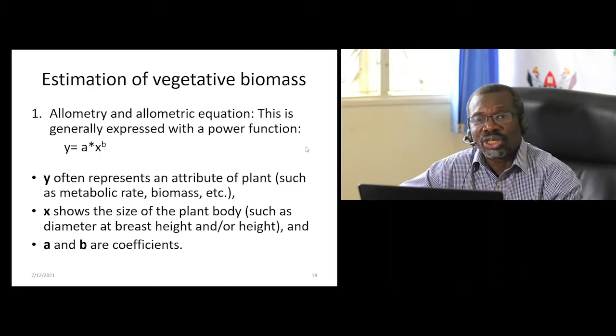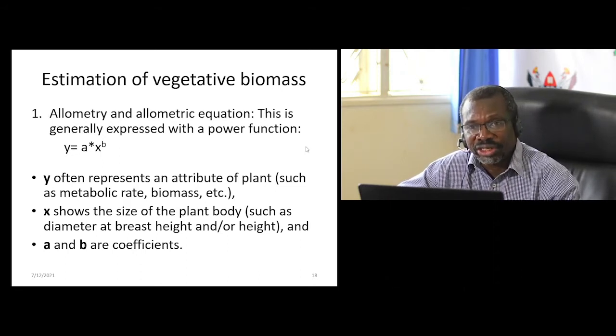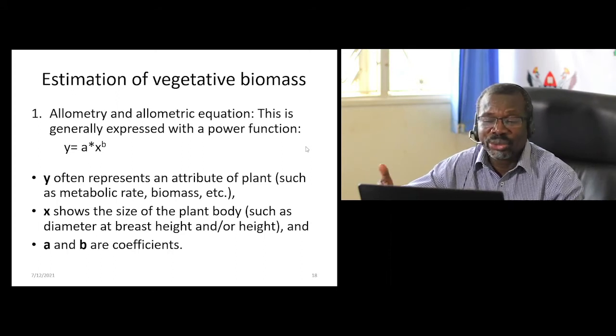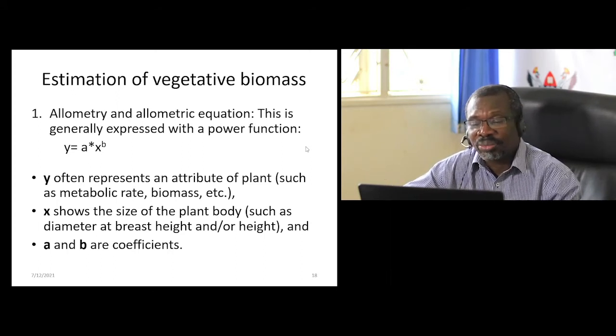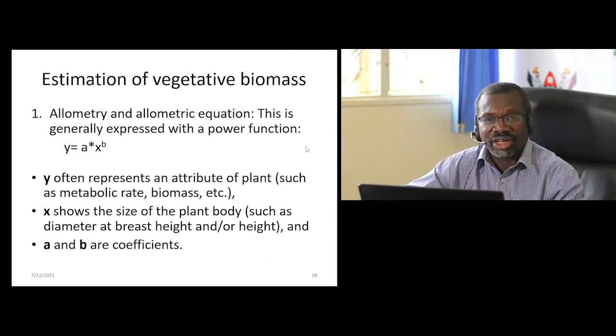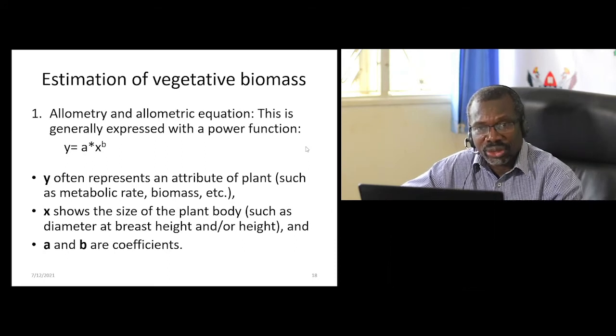Several of these models have been developed across the world for different regions, and they use plant characteristics such as the DBH or the height to determine biomass.